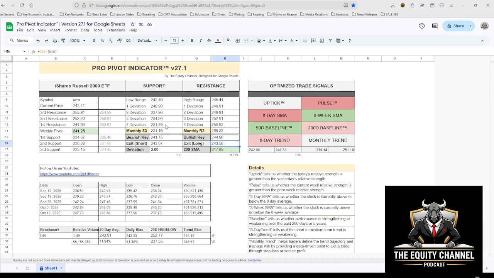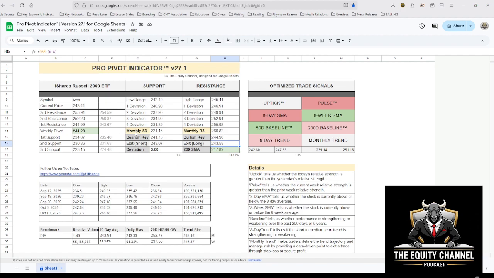All right. Let's talk about this part here. Let's talk about the swing trades, and then we'll close out from there, once we talk about these swing trades.